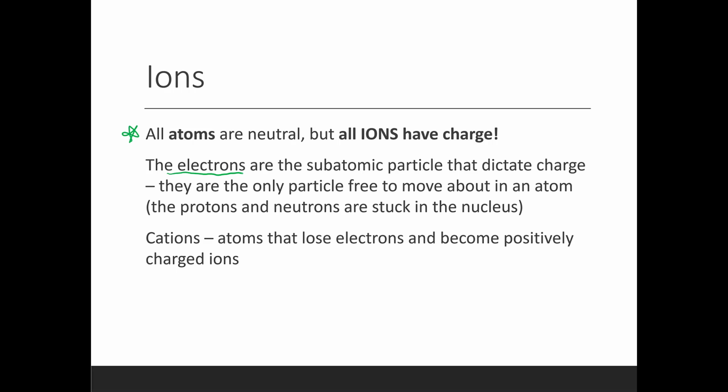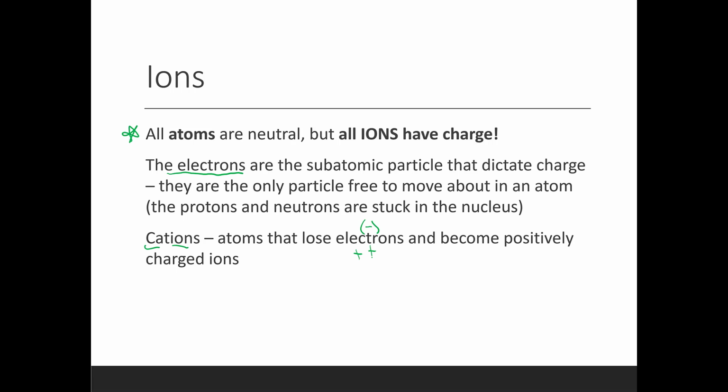A cation, yes, cation, not cat-ion, is an atom that loses electrons and becomes positively charged. Think about it. Electrons are negatively charged. So if we take away a negative, we are going to end up with more positives, right? We know in math, if you subtract a negative, it's actually a positive.